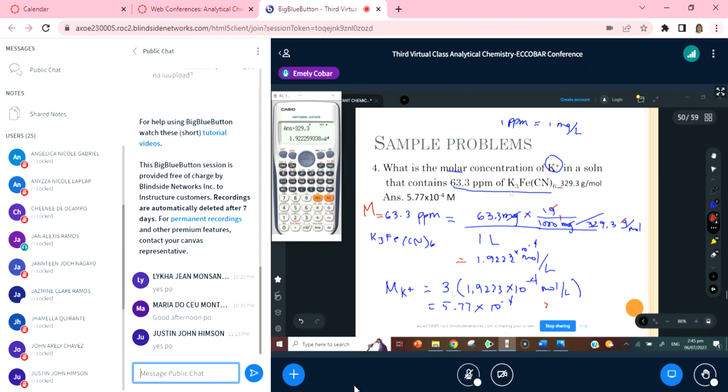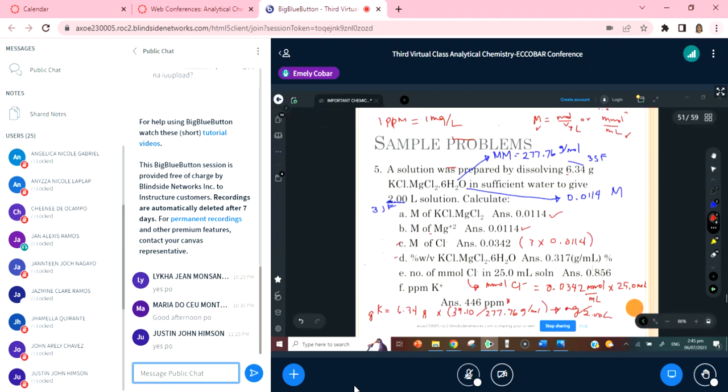So therefore, I will multiply this by 3, then I'll get yung 5.77 times 10 raised to negative 4. Okay? Am I clear? Okay na ha? Next.